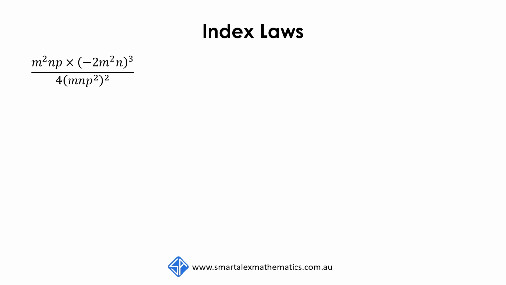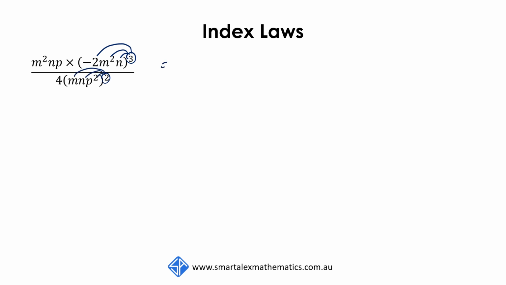In this next example, we've got m squared np times, in bracket, negative 2m squared n to the power of 3, all over 4 in bracket mnp squared, squared. The first step, we need to expand the bracket, and what we're going to do is multiply the power to every single term inside the bracket for both the top and the bottom.